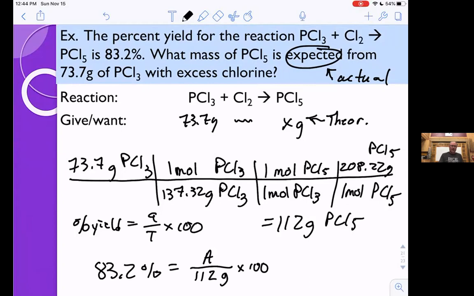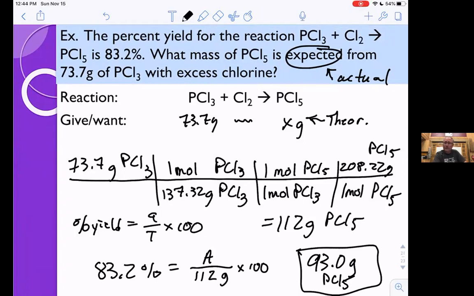So we'll do a little algebra here, and what you end up getting for your actual yield is 93.0 grams of PCl5. So we didn't get the 112. The 112 is what we should have gotten. In this particular experiment, they're only getting about 83.2% of it. So how much did they actually get, or did we actually get, is 93 grams of PCl5.